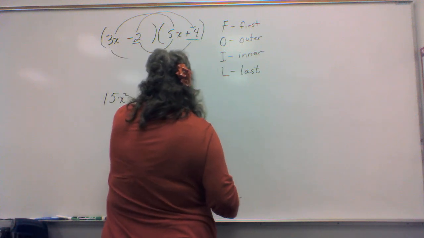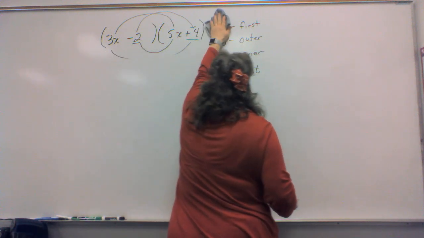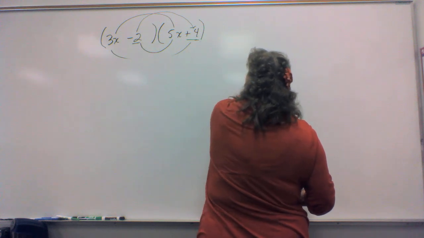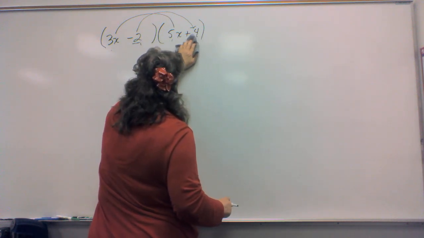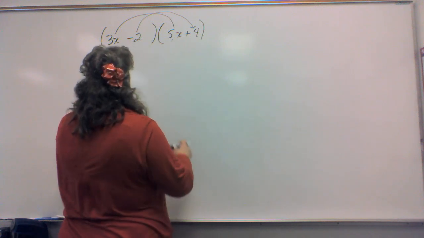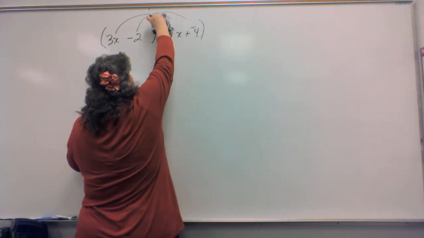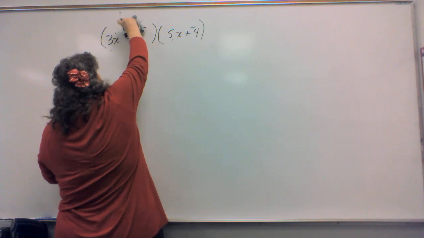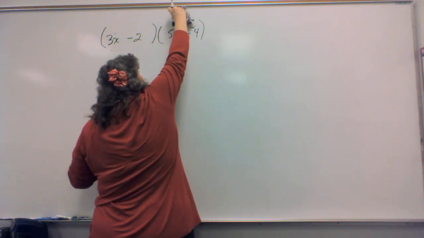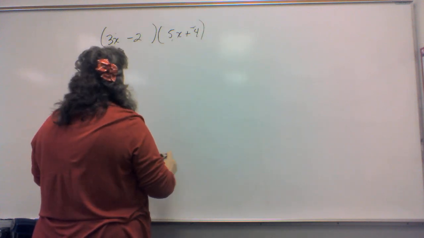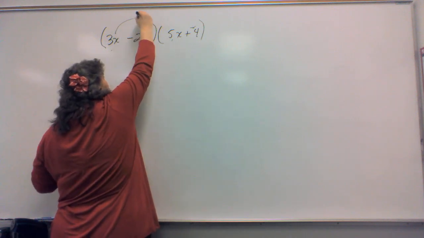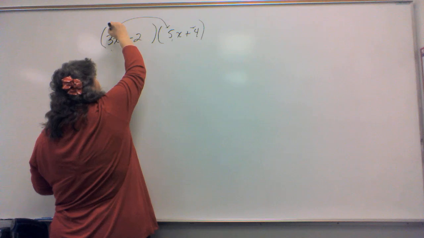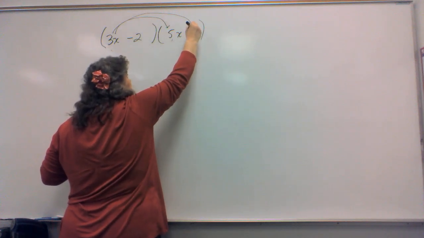Let's do this same one, but instead of doing FOIL, let's do it by a double distribution. When we say double distribution, what does that mean? It means that we're going to do a distribution from one term and then from the other term. So we're going to look first at this one and distribute this one to this one, and then distribute it to that one.